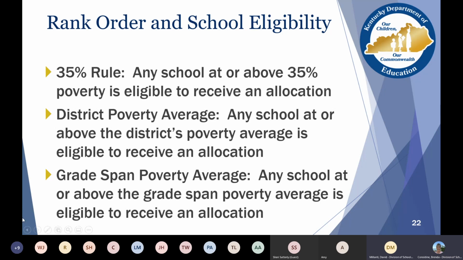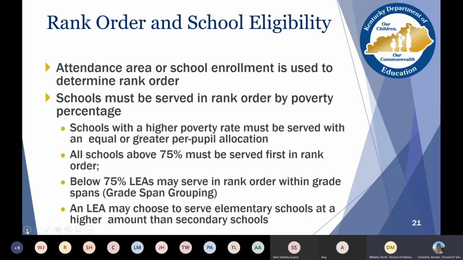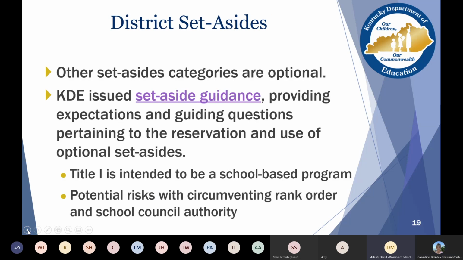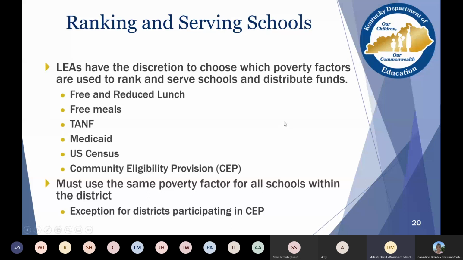No, go back a couple of slides. I just want to step back for just a second. Here? Ranking and serving? Yeah, that next slide. So I think new folks need to understand that there are certain rules that districts must make choices on.